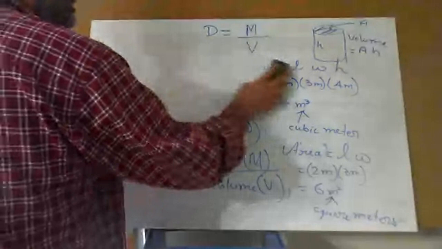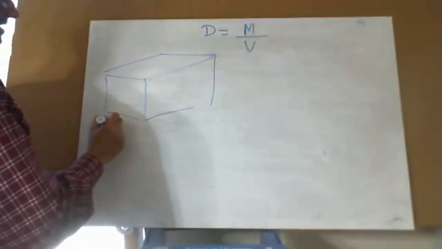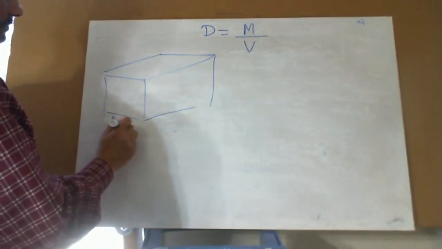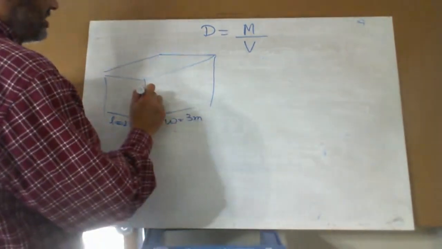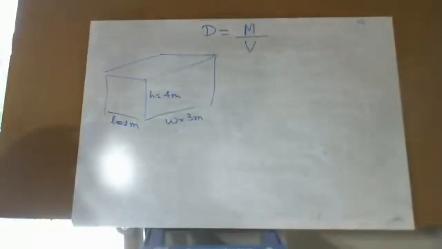So if I want to find the density, right? Suppose, for example, let's go back. I shouldn't have erased this. Okay. Suppose this is a container, length is 2 meters, width is 3 meters, and the height is 4 meters. Not drawn to scale, right?